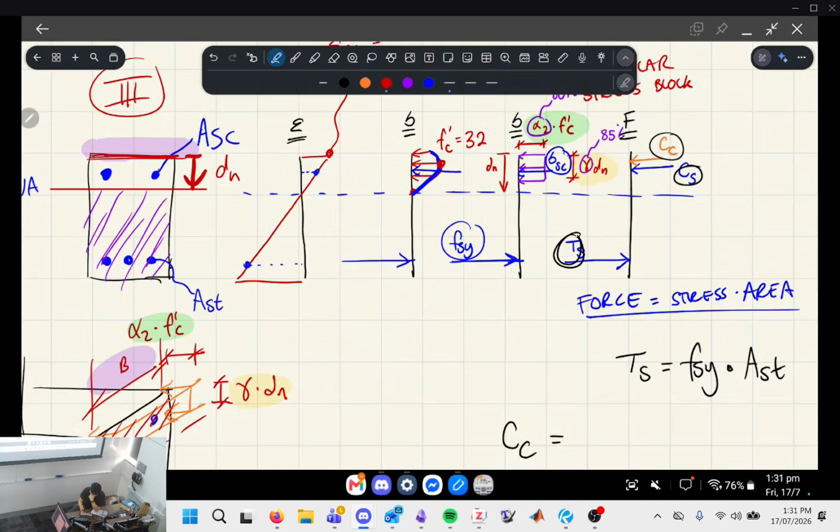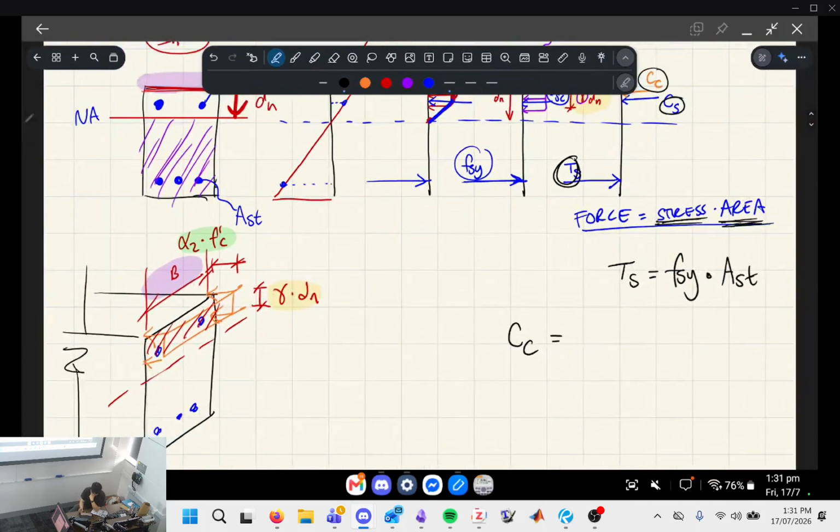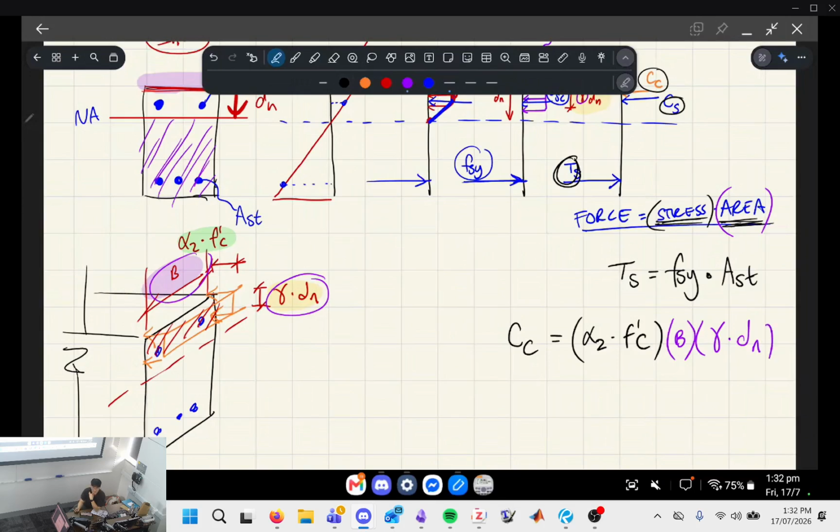Again, all we do is stress times area. It's a stress block because the stress is going to be that. So the stress is alpha 2 F'c, and the area is going to be width times height. The width is B, the height is gamma dn. So that's an area, that's your stress.